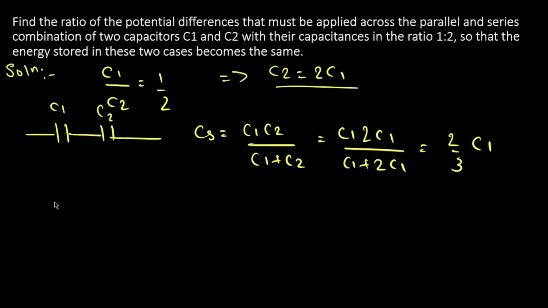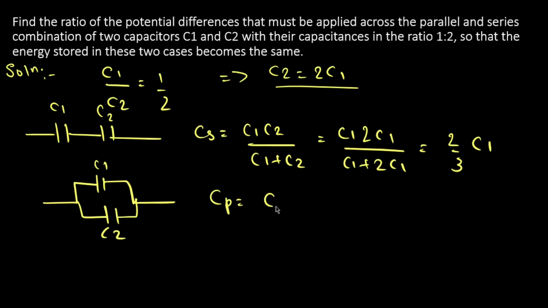And when the capacitors are connected in parallel, the equivalent capacitance Cp will be C1 plus C2, which can be written as C1 plus 2C1, which is 3C1.